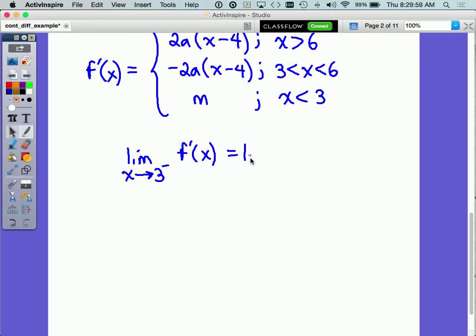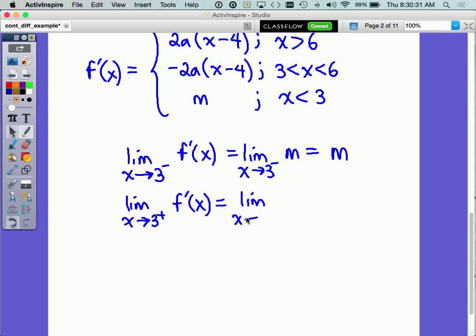The limit as x approaches 3 from the left of f prime at x is really using this bottom function. So this is just m, and so of course the limit as x approaches 3 from the left of m is m. Now I need the limit as x approaches 3 from the right of f prime at x, and that's going to be this function.